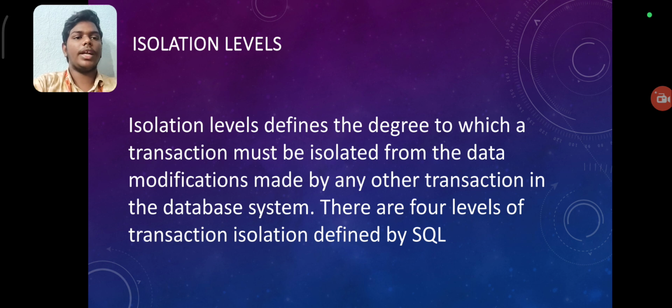Isolation levels define the degree to which a transaction must be isolated from data modifications made by other transactions in a database system. So there are four levels of transaction isolation defined by SQL.